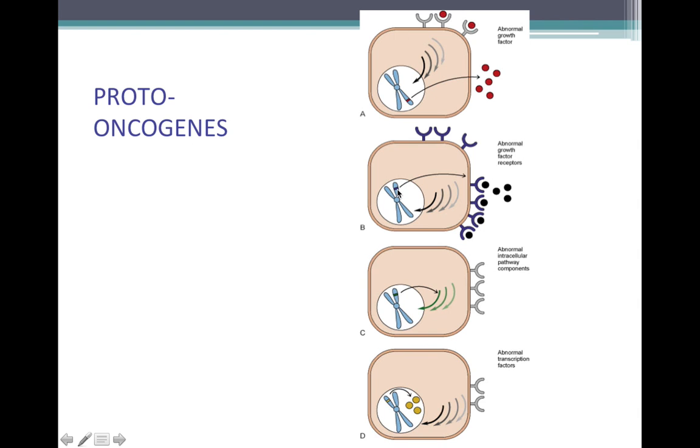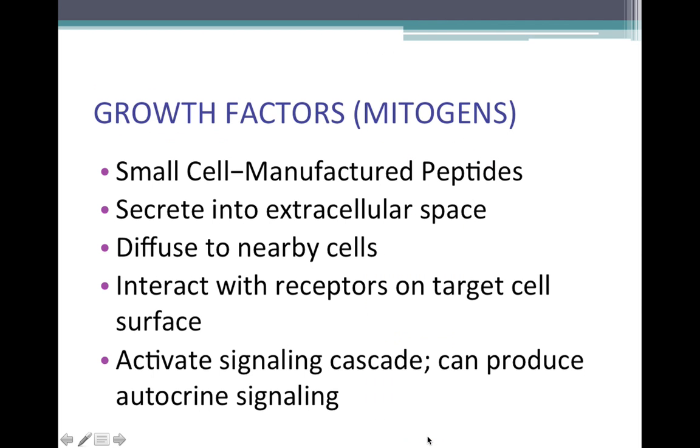Or you might have overexpression of a gene that encodes for a receptor for growth factors, and by having more receptors, then your cell is more sensitive to those growth factors. Or it could be a gene that encodes for things that are necessary for the cell to divide, so the cell just might divide more rapidly. Or they could be genes that encode for transcription factors that cause other genes to be more active, and that can make your cells divide more rapidly.